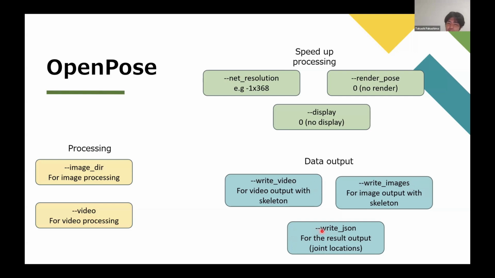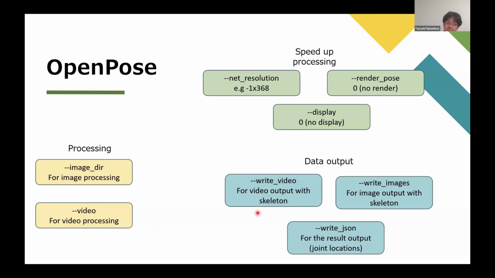You can just type --write_json, and OpenPose detects the locations of human joints in XY, like I said, and then this XY location of a human joint will be saved in the JSON format. Again, after this command, you just need to specify the path where you want to save the JSON file. And yeah, pretty much that's it.